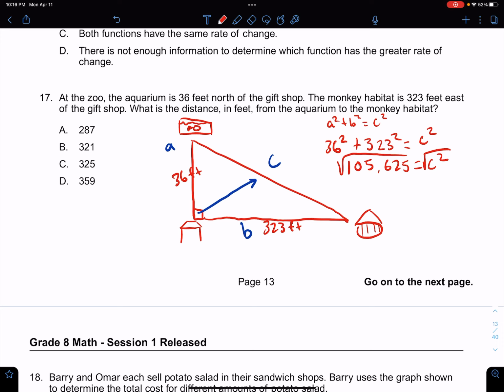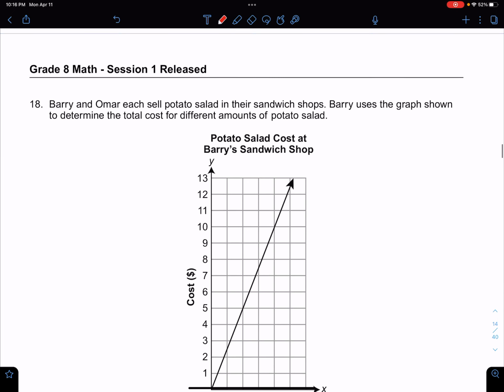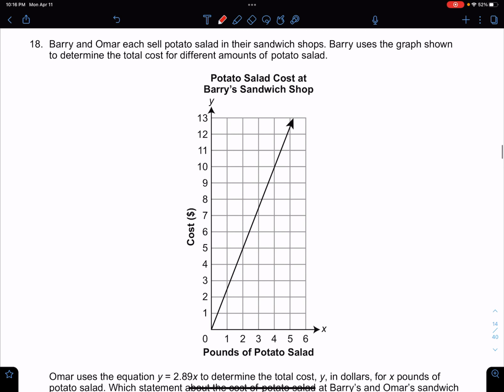The square root of 105,625 gives me 325 equals C. So this side has to be 325 feet, and my answer is C. I'll keep moving, and you can pause it if you need to.